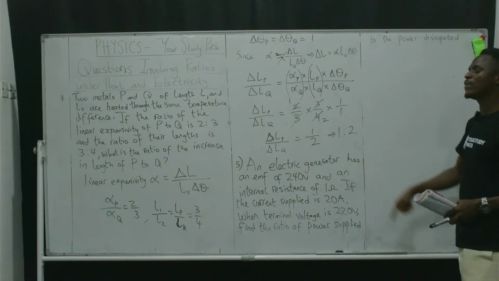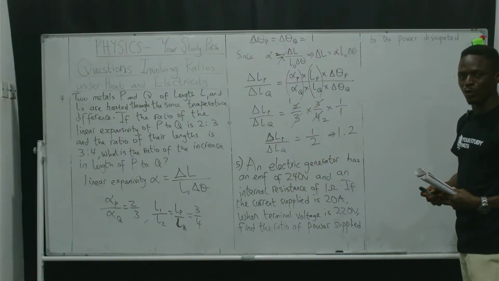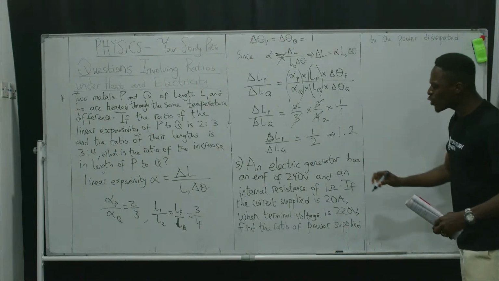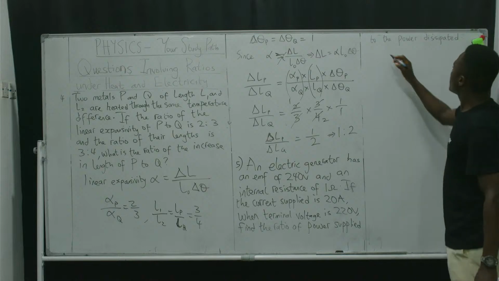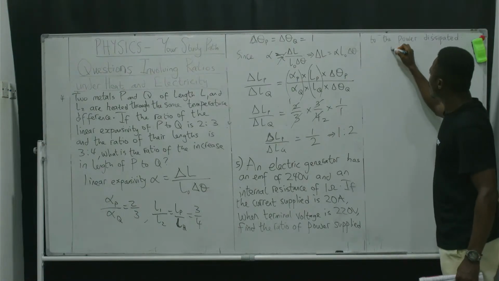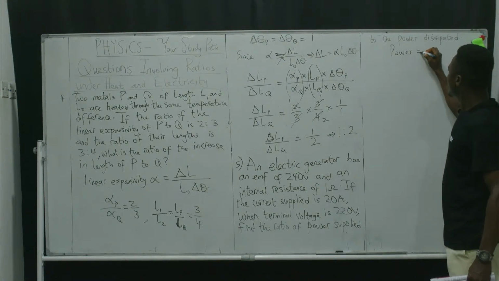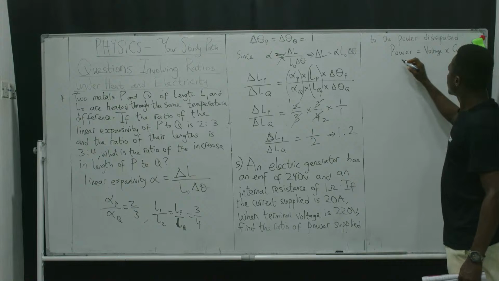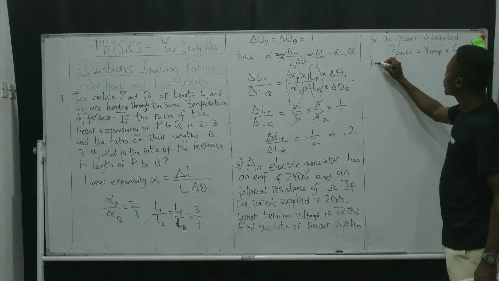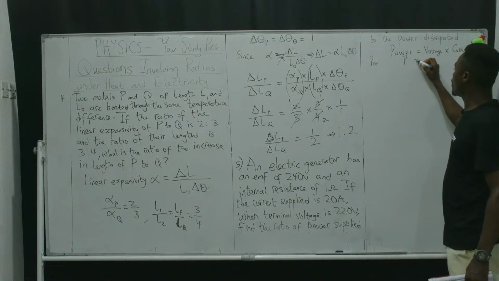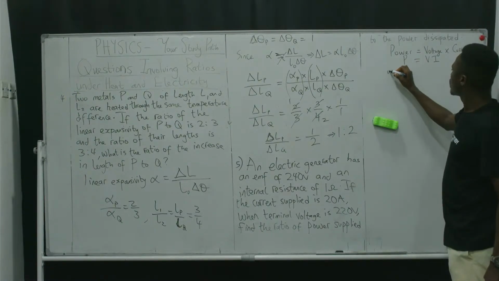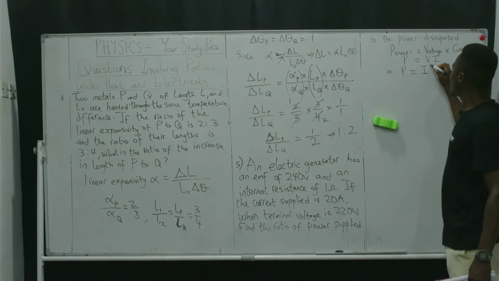Also, we are given internal resistance in the picture of things. So you agree with me that I can easily say that in the context of what we are having here, power supplied, power normally is voltage times current, or you say power, let me represent this, P equals VI, or you are saying P is equal to I square R.